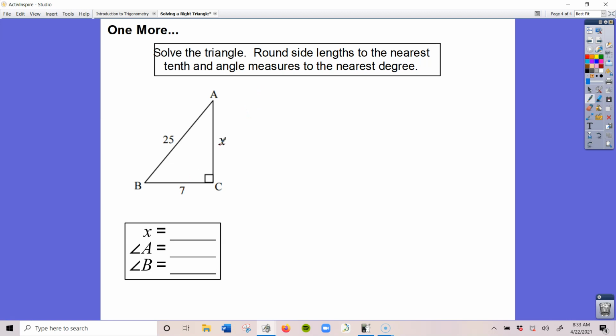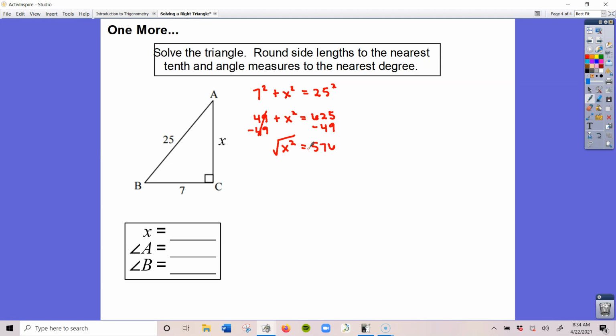So I get these legs squared, so 7 squared plus x squared is equal to 25 squared. 7 squared is 49, plus x squared is equal to 625. Subtract the 49 from both sides, and we get that x squared is equal to 576.